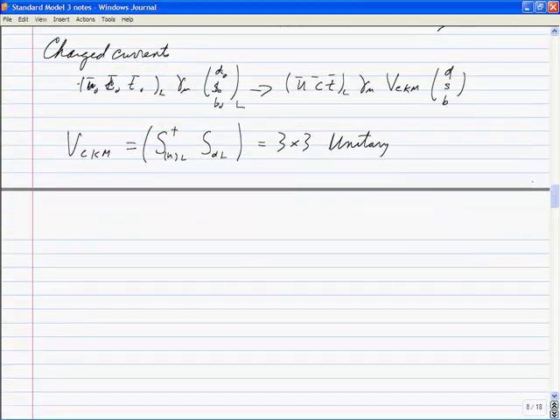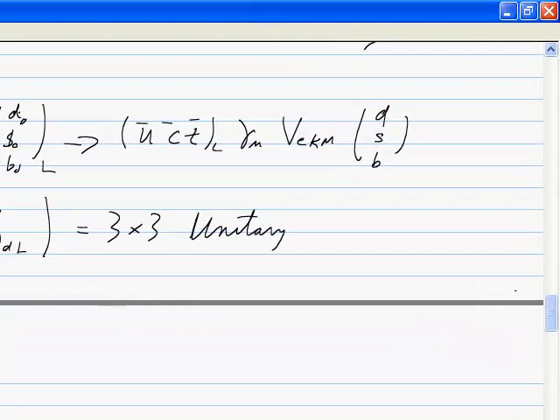So this is the V_CKM matrix. The neutrinos, leptons, have a slight difference there. The equivalent mixing matrix is F dagger, F neutrino left, F electron right.